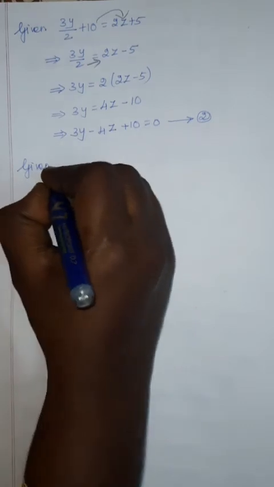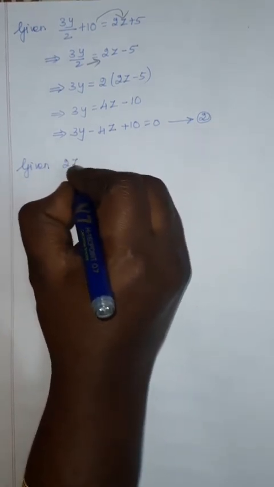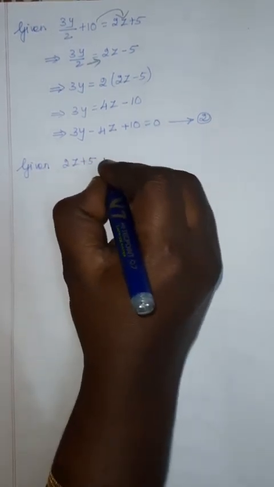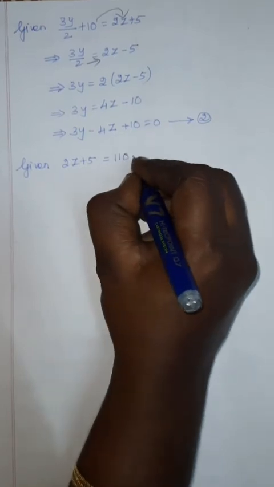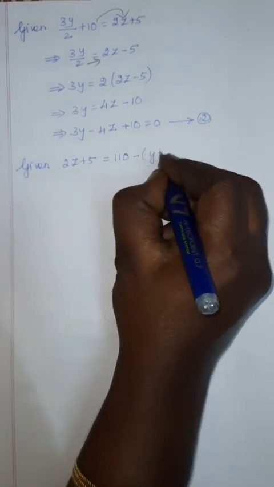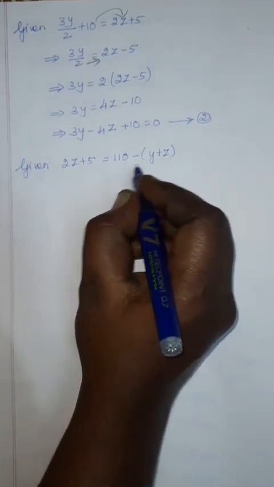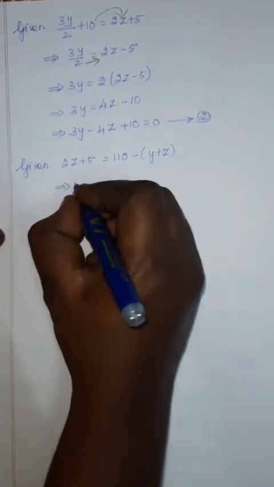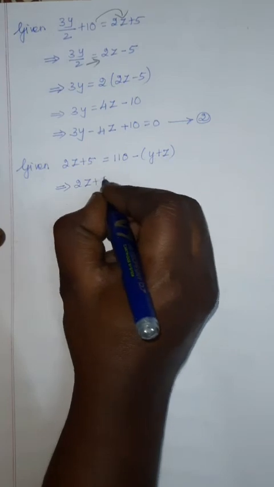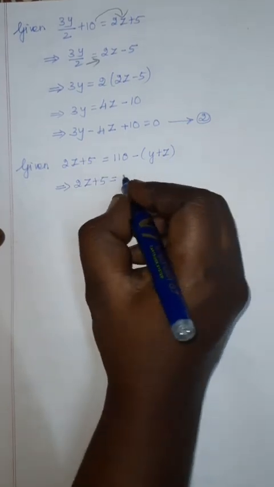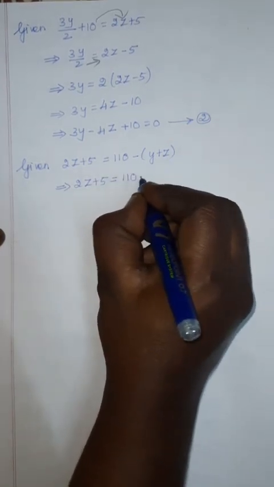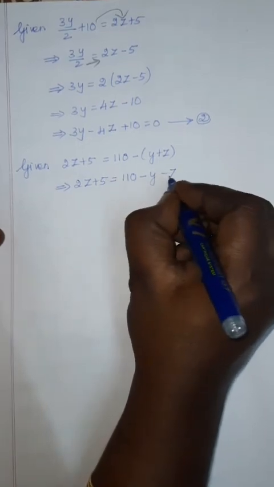Given 2z plus 5 equal to 110 minus of (y plus z). First of all, we can remove the bracket, which implies 2z plus 5, there is no change on the left side, equal to 110 minus y minus z.